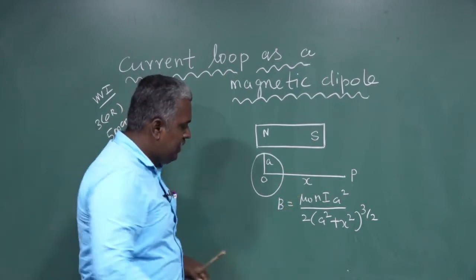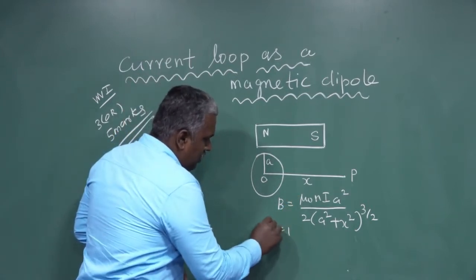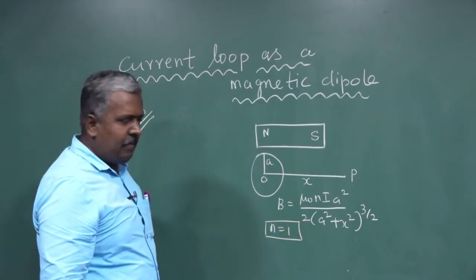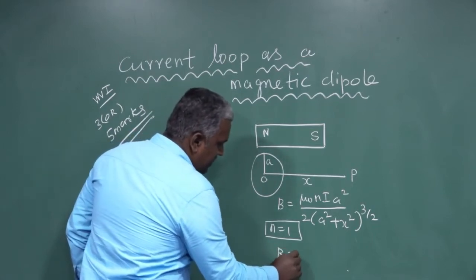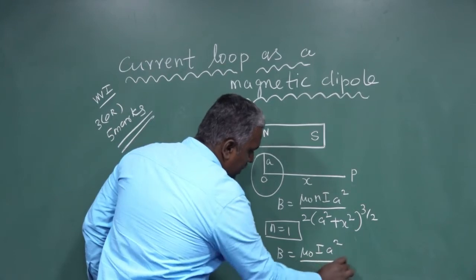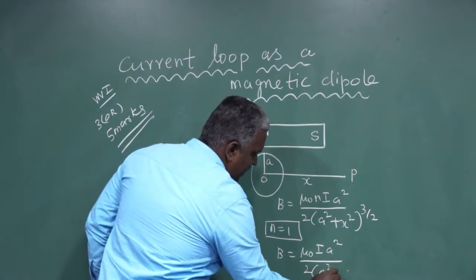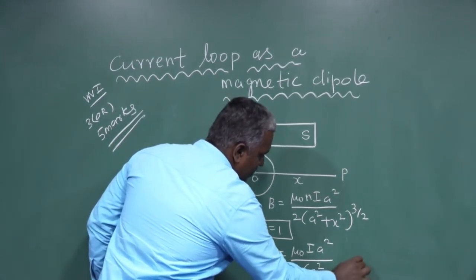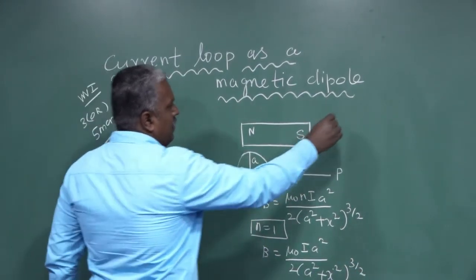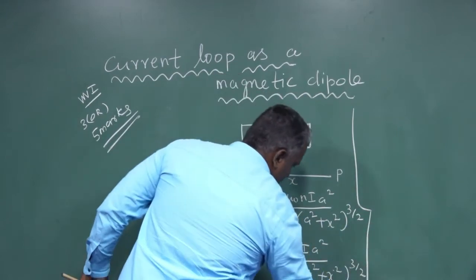If N is equal to 1, that means 1 turn, okay, B is equal to mu naught I A square by 2 of A square plus X square whole power 3 by 2. Okay.